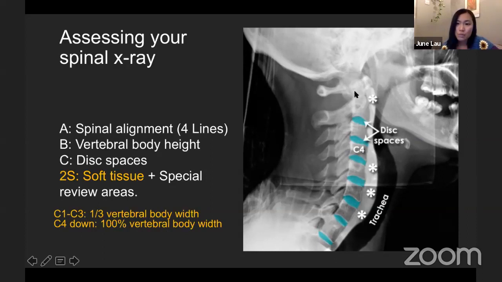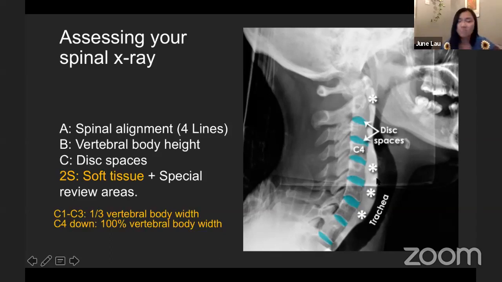From C1 to C3, your pre-vertebral soft tissue space, this region between the front of your vertebra and the trachea, should be about 1/3 of the vertebral body width. Helpfully, C1 to C3, 1/3 is 1/3. And then from C4 onwards, it can be up to a whole vertebral body width. So here, where the stars are, it can be up to the whole width of the vertebral body.